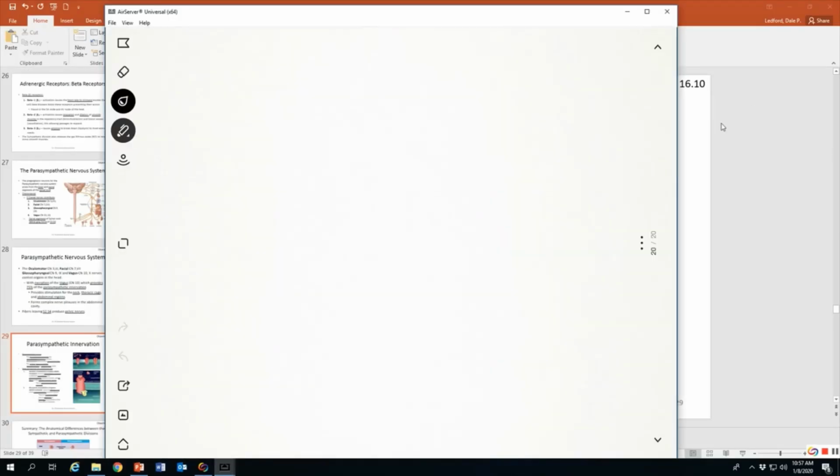Now, there's also parasympathetic innervation as well. Now, what we saw here was that we have ACh, acetylcholine. Let me erase that. There we go.